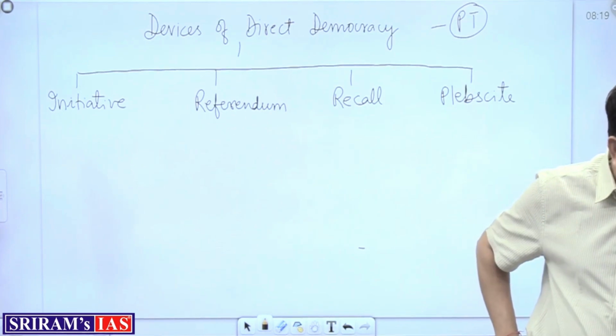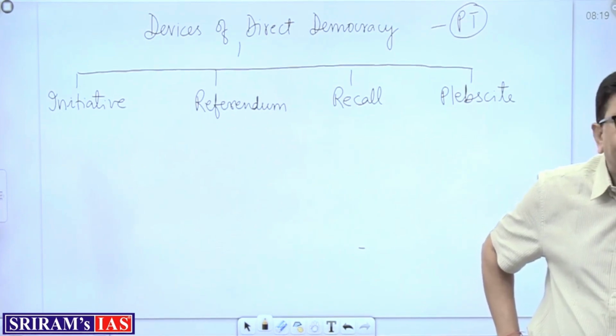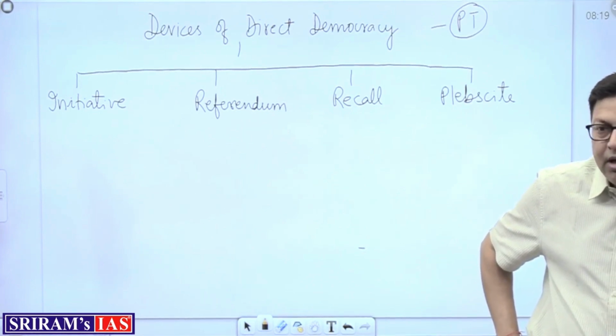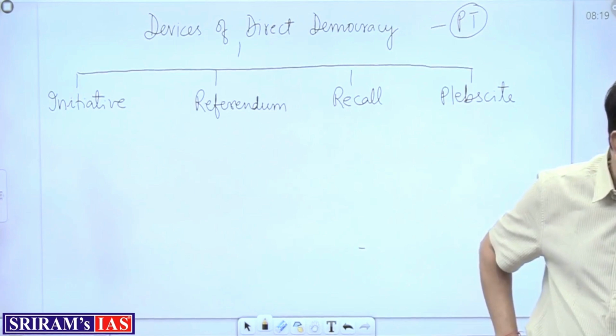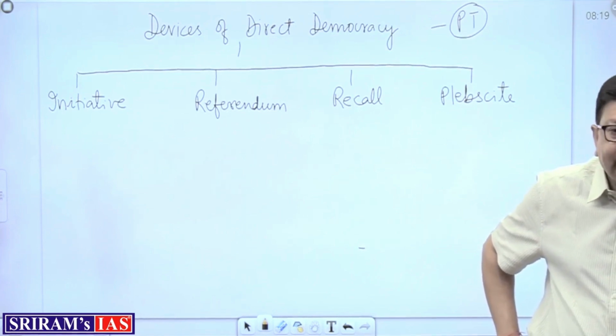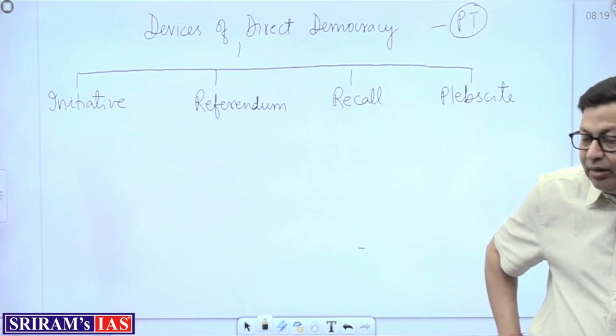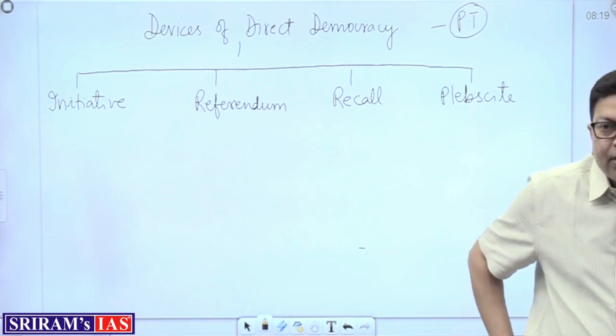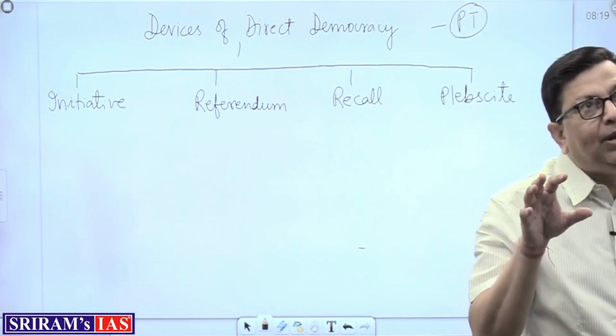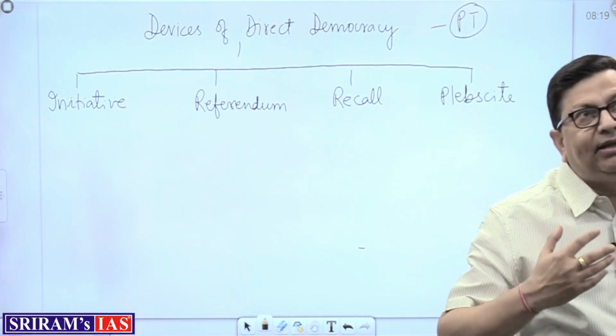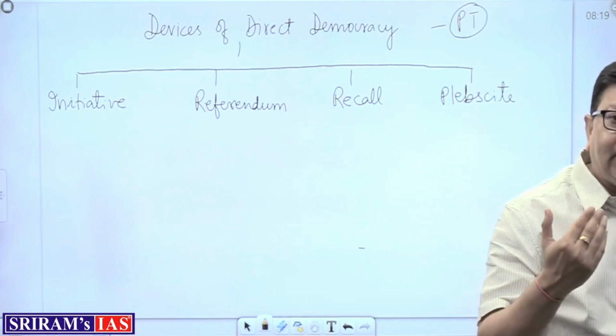Then, referendum is a device by which a law made by the state is referred to the people for their approval. So suppose you people are the voters, you have requested me, I am the state, I will make the law.